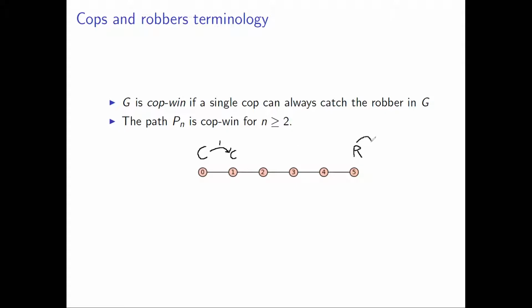On turn 1, the robber would be smart just to stay where they are. Then on turn 2, the cop will move a step closer. Robber still stays in place. And the cop continues to move closer, and the robber continues to just stay where they are.